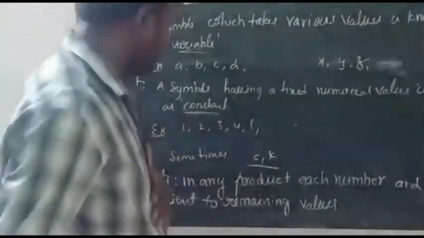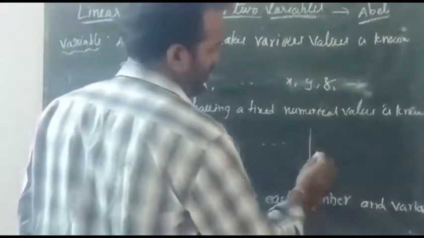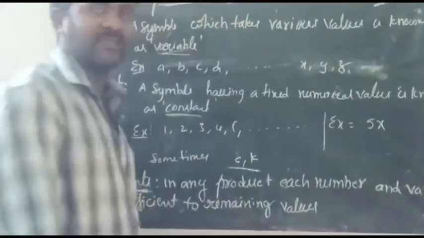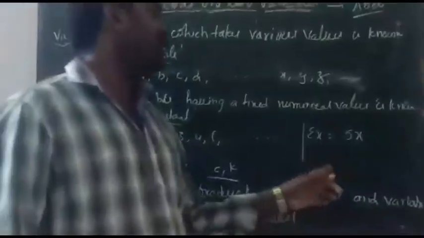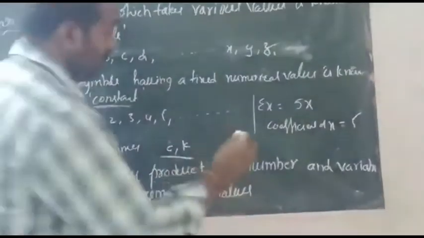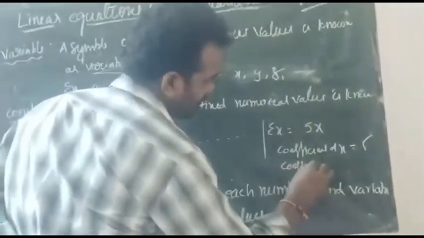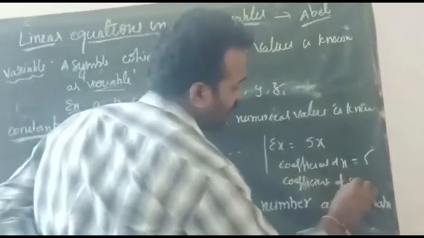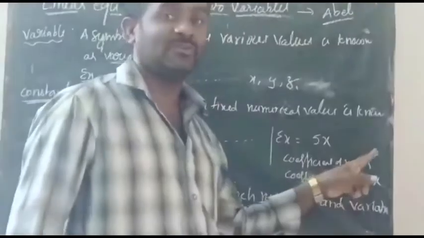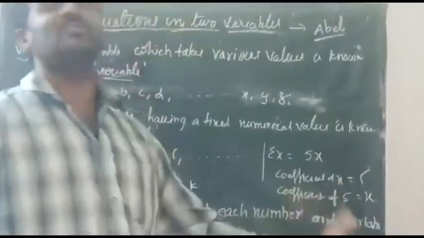For example, take one example, 5x. What is the coefficient of x? Coefficient of x is equal to 5. Or coefficient of 5 is equal to x.